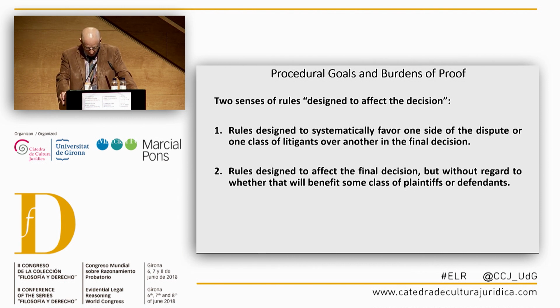Now, in other areas, this distinction is recognized. The most important examples of type 2 rules are rules that are designed to improve the accuracy of the resulting judgment. Most admissibility rules, other than privileges, are of this type, applying indiscriminately to both the plaintiff and the defendant.